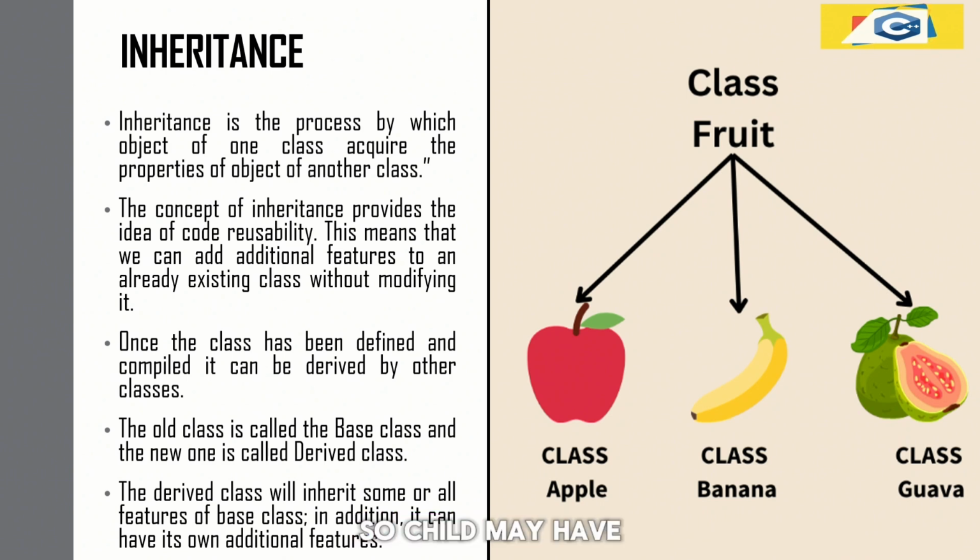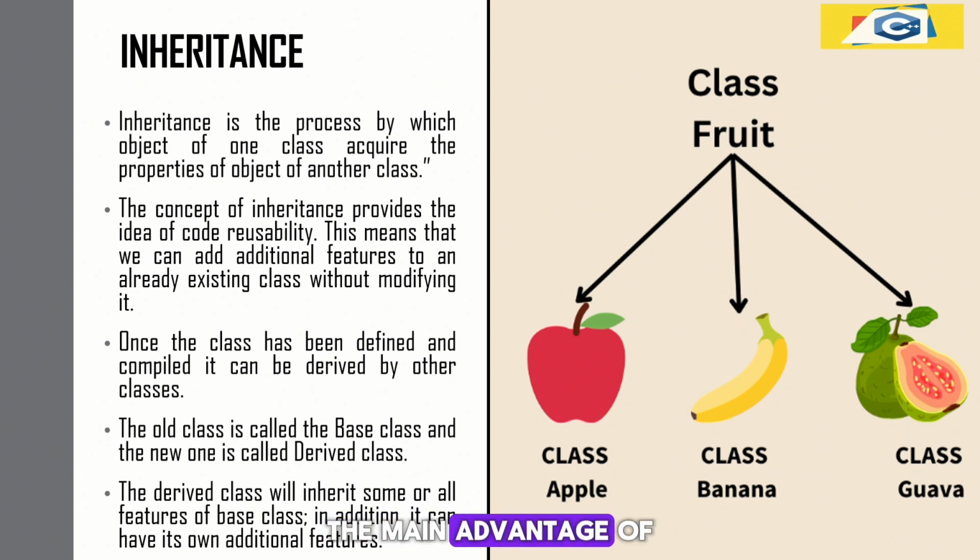The child may have some of the features of dad, and some of the features of mom. So the child class becomes the derived class, and mom and dad become the base class, the old class. Deriving a new class from an already existing class is known as inheritance.